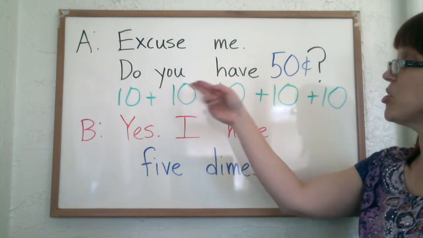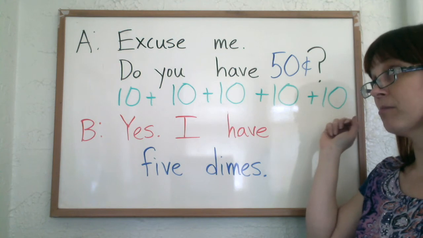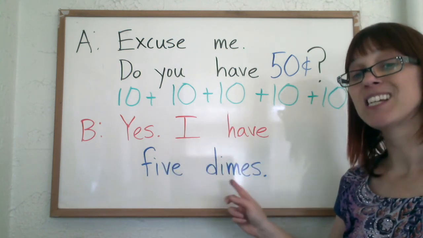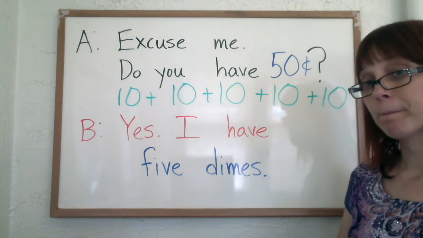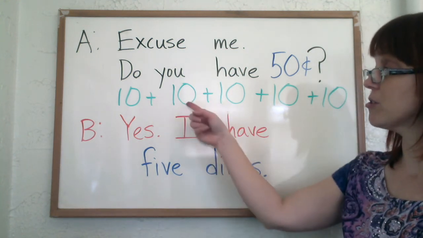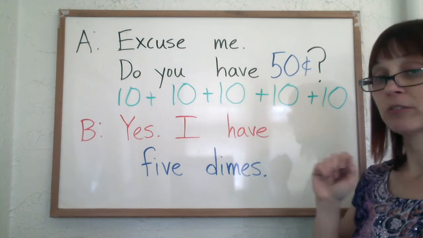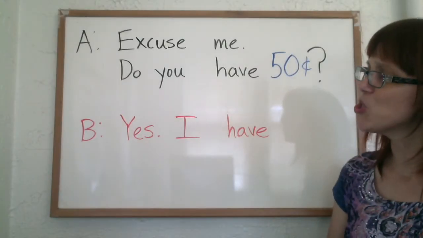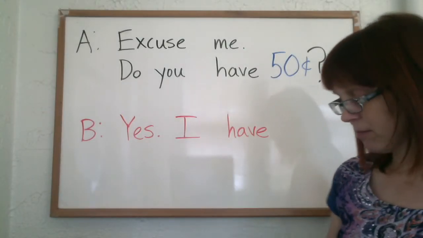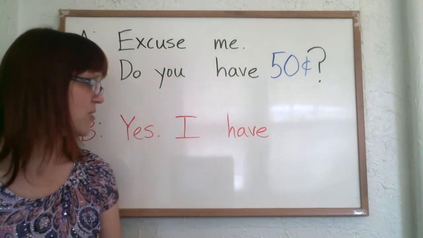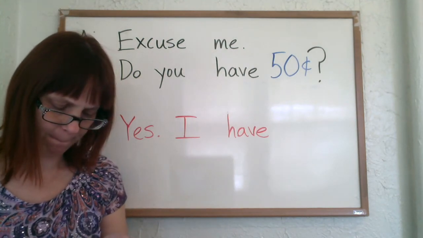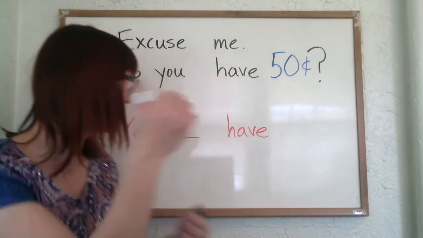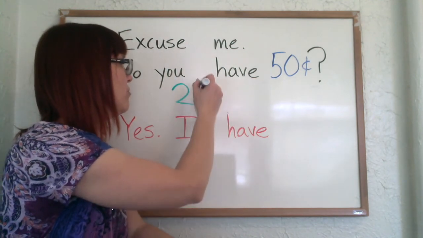Excuse me, do you have 50 cents? Yes, I have 5 dimes. 1, 2, 3, 4, 5. 5 dimes. Excuse me, do you have 50 cents? Yes, I have a quarter. Quarter is 25.